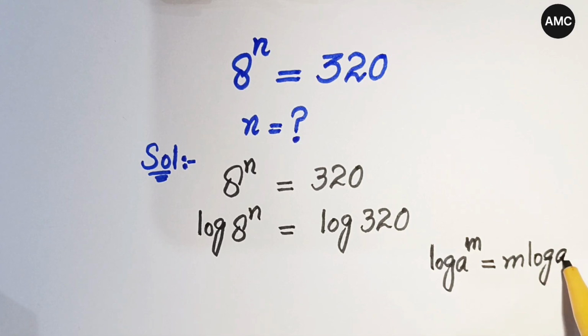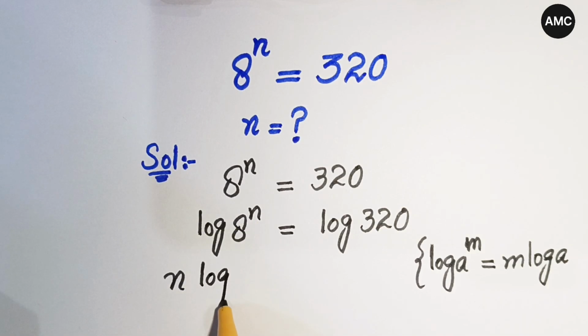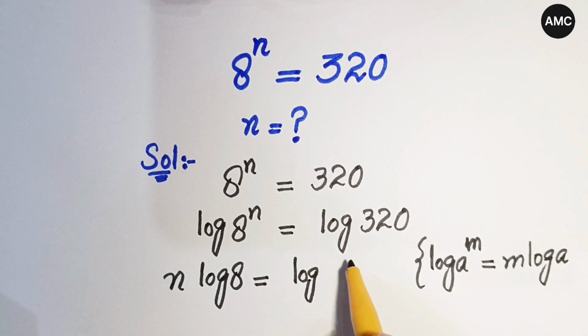So n log 8 is equal to log 320, and 320 is the same as 8 times 40.